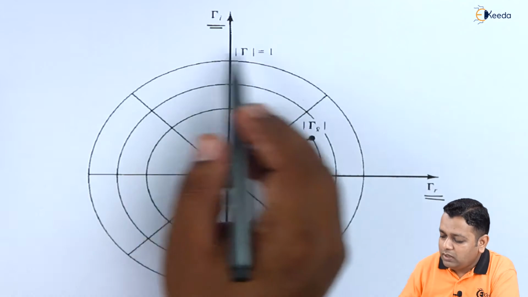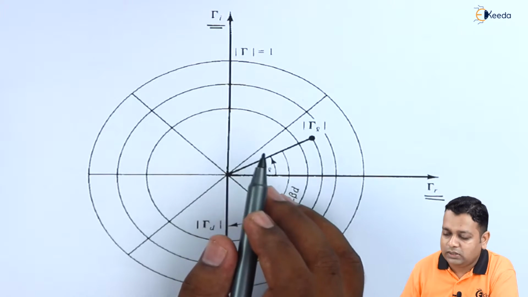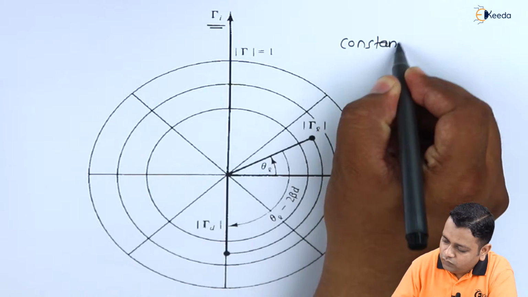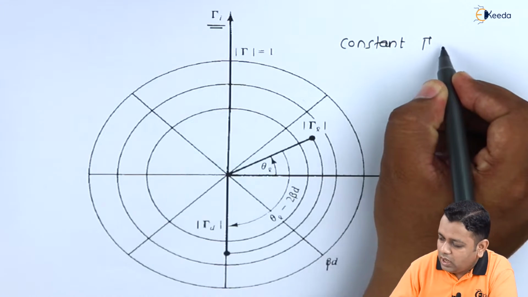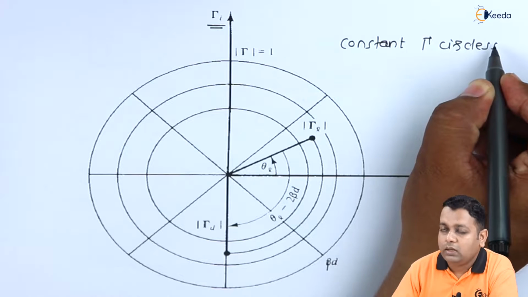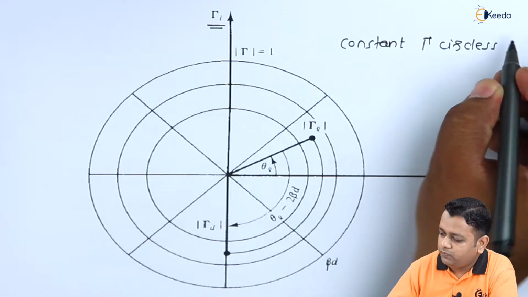So the schematic that we have discussed here is for the constant gamma circles, gamma representing the reflection coefficient.